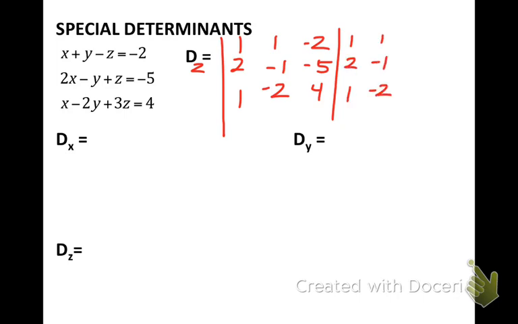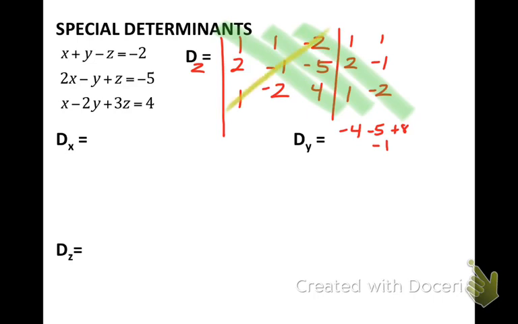Let's go ahead and find those determinants. So upper left first. So I got a negative 4. I get a negative 5. That's going to get me a positive 8, which adds together to make negative 1. Now doing the other diagonals.